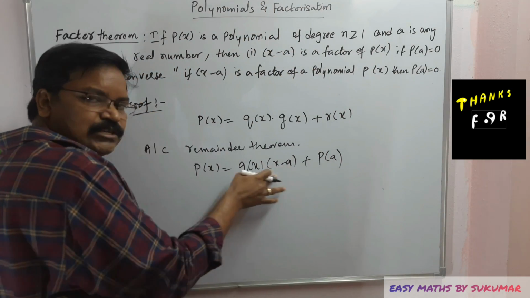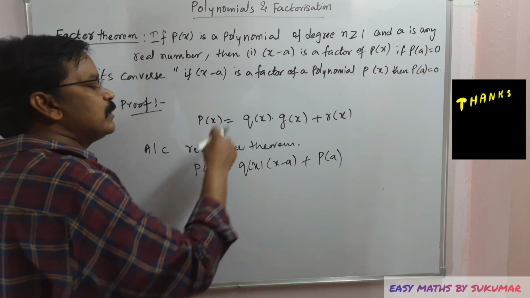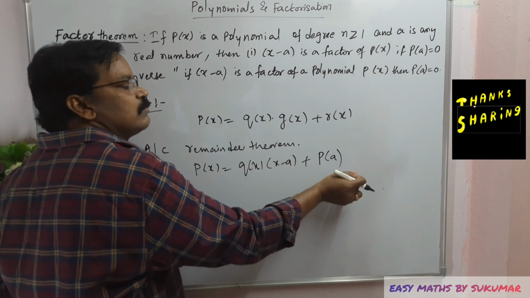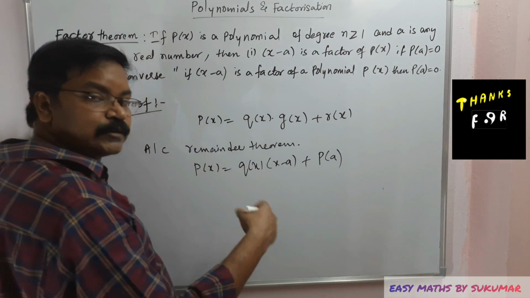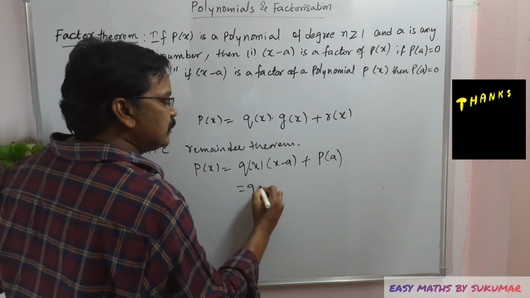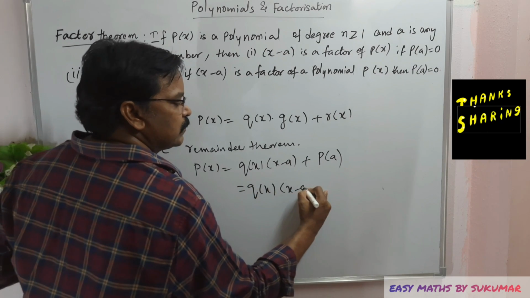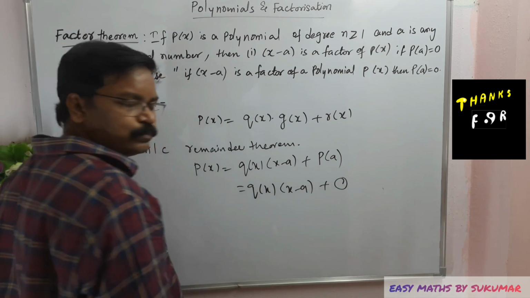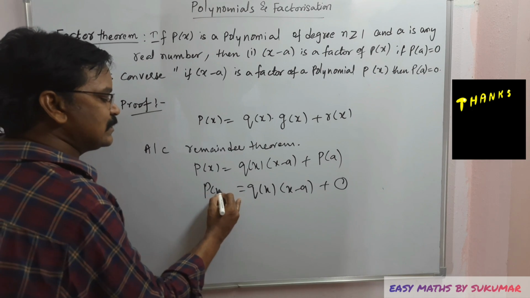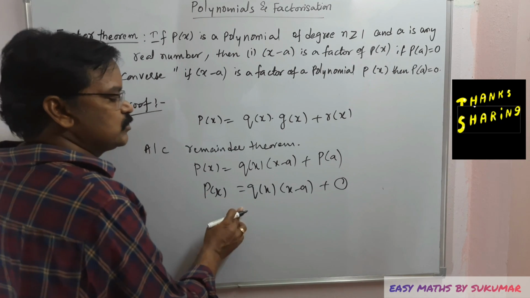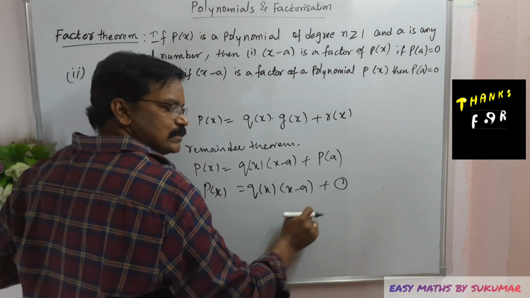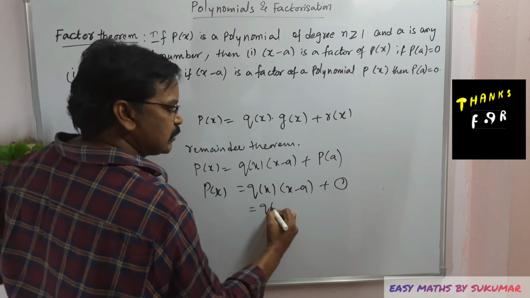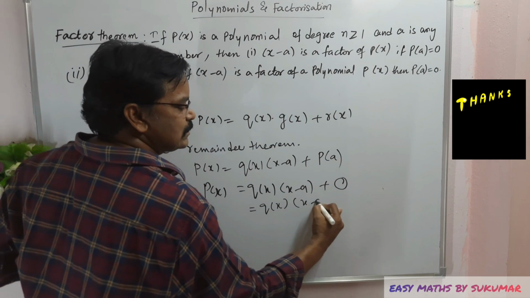This x minus a is a divisor. When this polynomial is divided by x minus a, we will get the remainder p of a. So here, this remainder is 0. P of x is equal to q of x into x minus a plus 0. So here, q of x into x minus a.